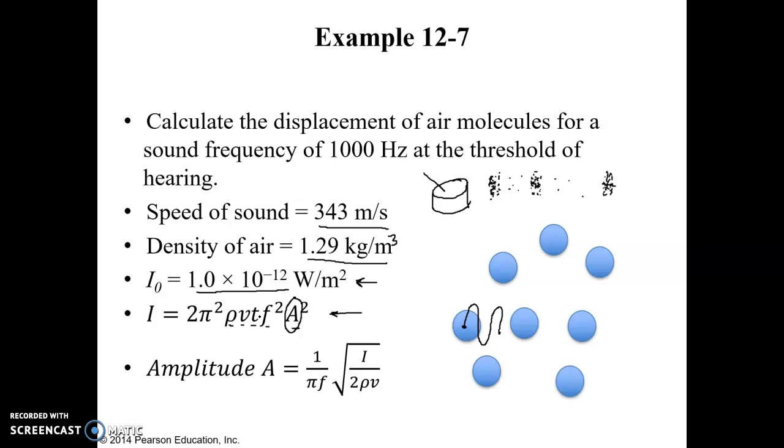Now, in the interest of full disclosure here, I did go back to chapter 11, and verified this variable in this equation. It is time. And so by my calculation, if we solve this equation for A, there should be a time variable down here, which seems to just disappear.